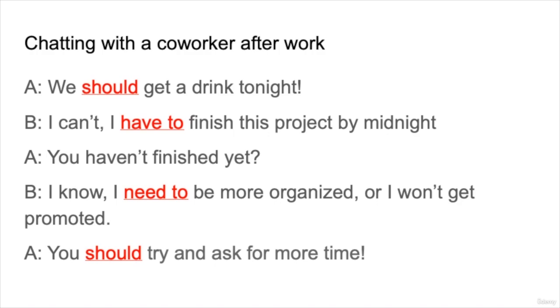So take a look at the first one. We should get a drink. It's a suggestion. You're not required to, but his coworker is just suggesting that it would be fun to get a drink. I have to finish this project by midnight. There is a deadline and it's very urgent that this project be done. I need to be more organized or I won't get promoted.